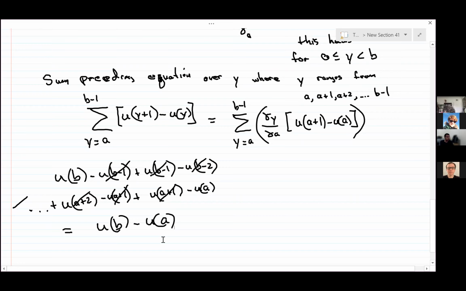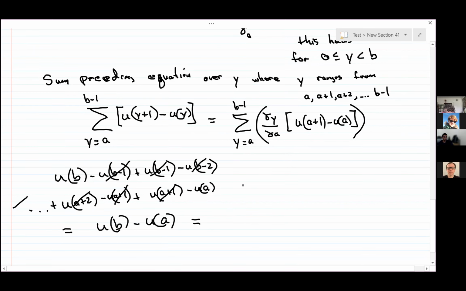What goes on the right side? Well, on the right side, the sum is over y. So a is a fixed point, and therefore this product can be taken through the summation because it's a constant with regard to the index.